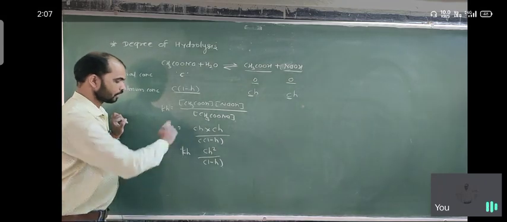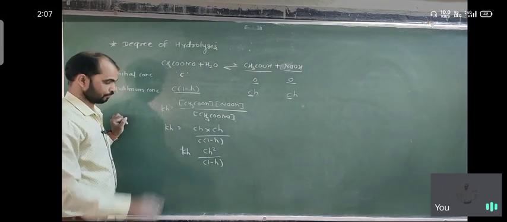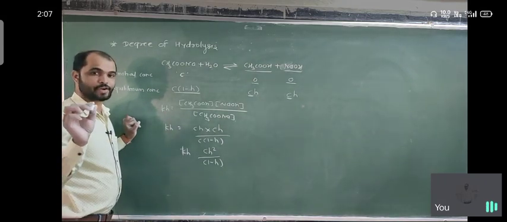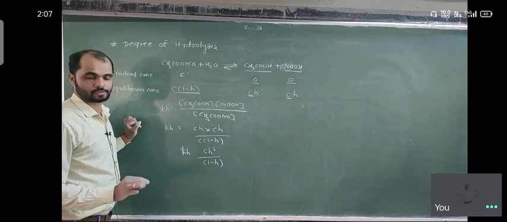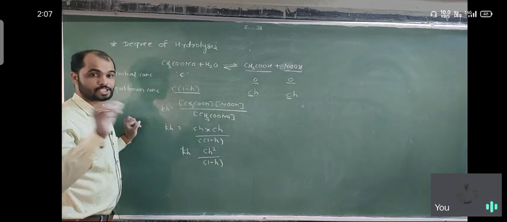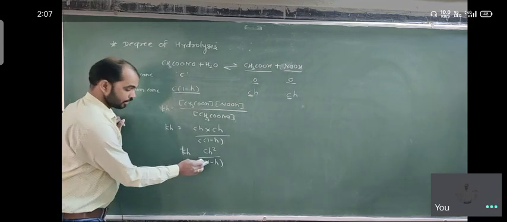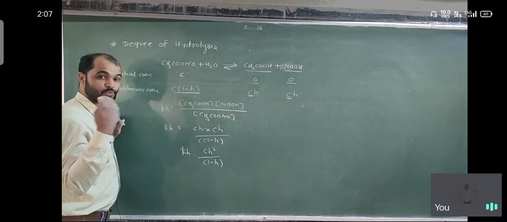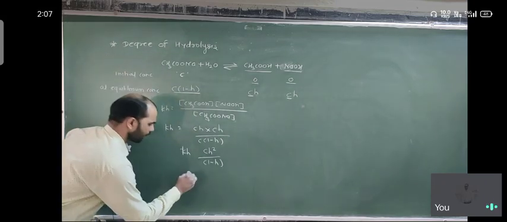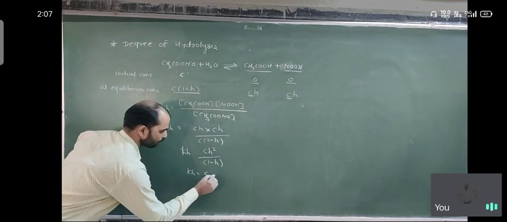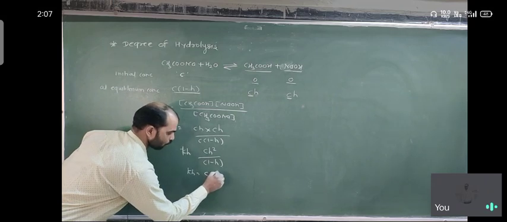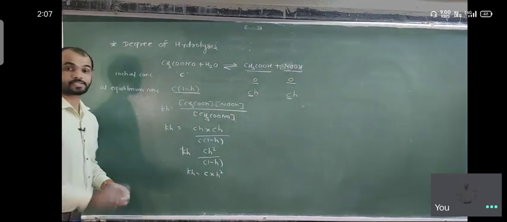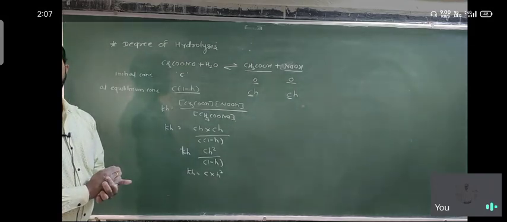But suppose the degree of hydrolysis is very small, near zero, then 1 minus h is equal to 1. At that time Kh is simply C into h square.